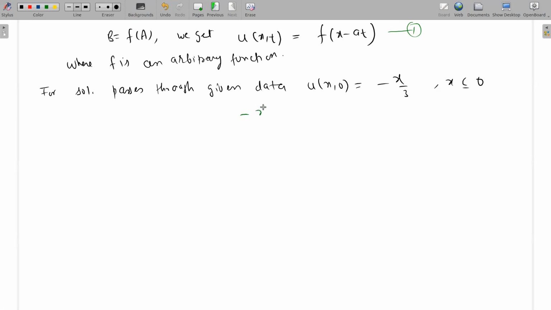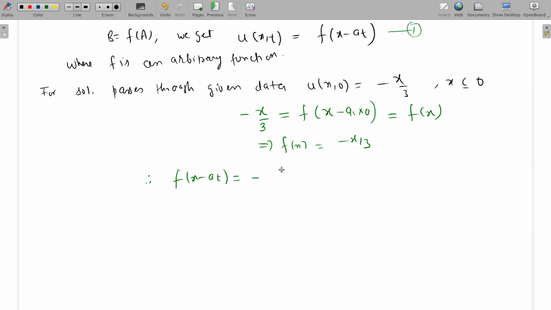When t equals 0, you have u is minus x by 3. So t equal to 0, so f(x) is minus x by 3. Okay, so what is f? The solution passes through given data means try to find the form of f. So the property of f is that whatever input you give x, it returns minus x by 3. But we have to find f(x minus at), so whatever the input is, it will multiply by negative and divide by 3. So this is my f(x).